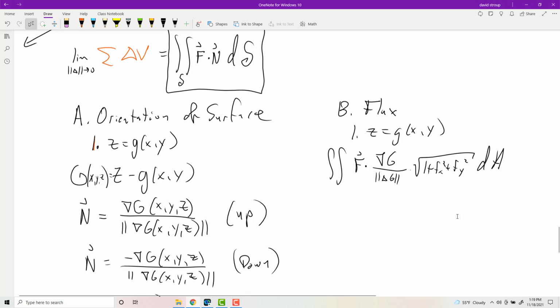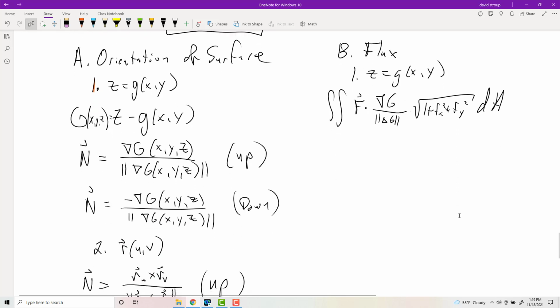But if you think about it, the magnitude of the gradient there is just the square root of 1 plus f_x squared plus f_y squared, because in your gradient the z component is 1, and then you have the partial derivatives of g with respect to x and g with respect to y.